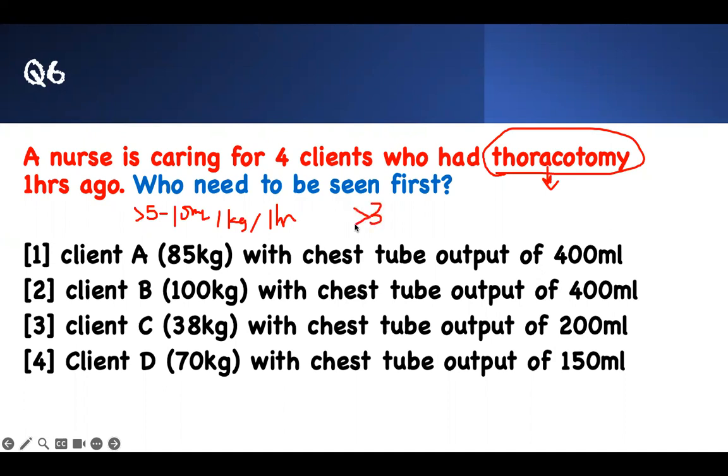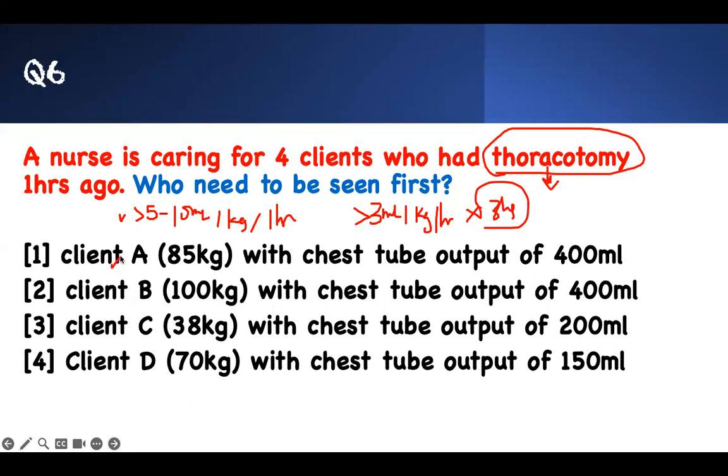Or if it's greater than 3 mL per kilo per hour three times consecutively, meaning it happened the same, more than 3 mL per kilo every hour for 3 times, you have to see them. Sometimes you have to pick one, so I like this one better because they only give me one option. And so that's what I'm going to do to answer the question.